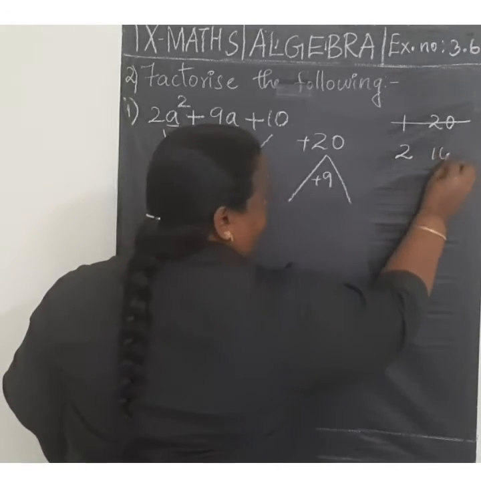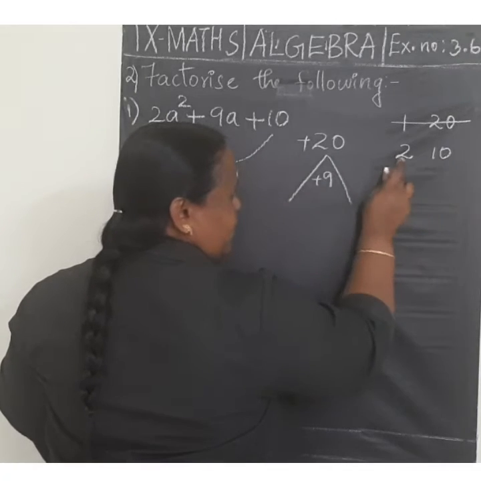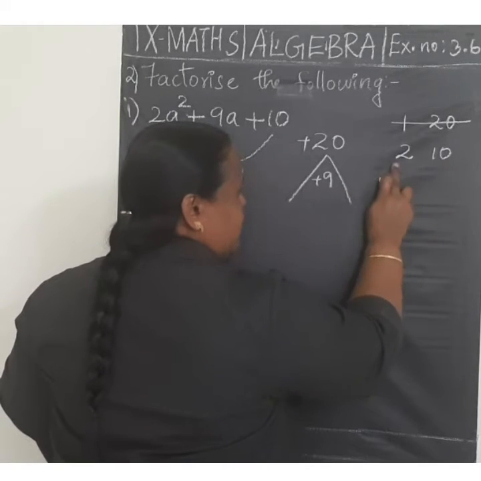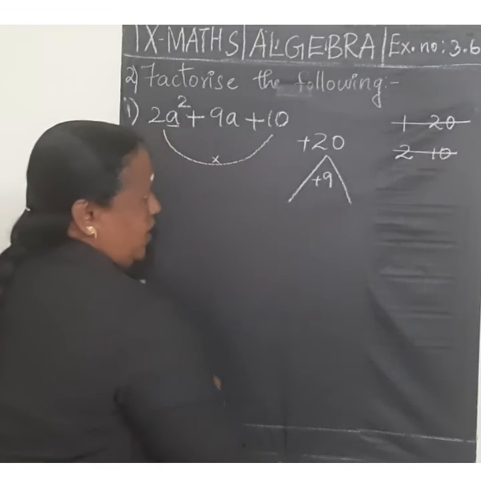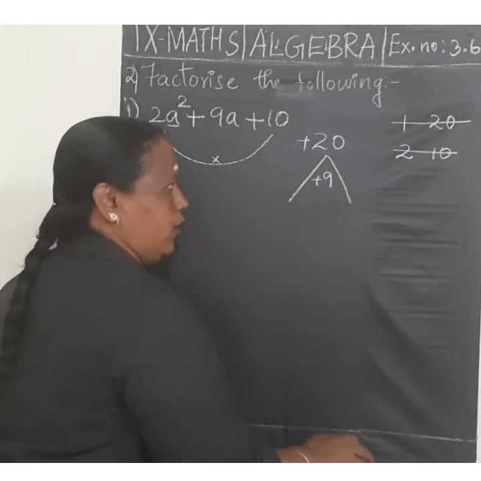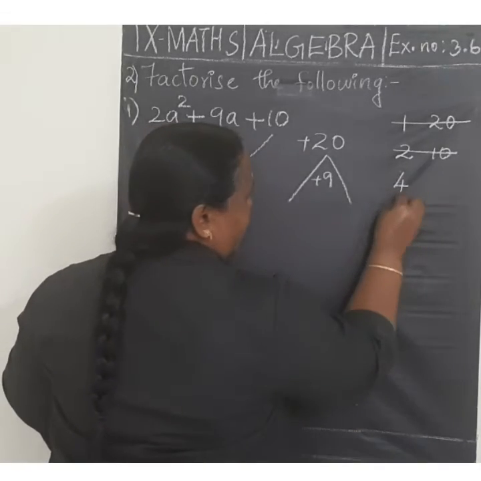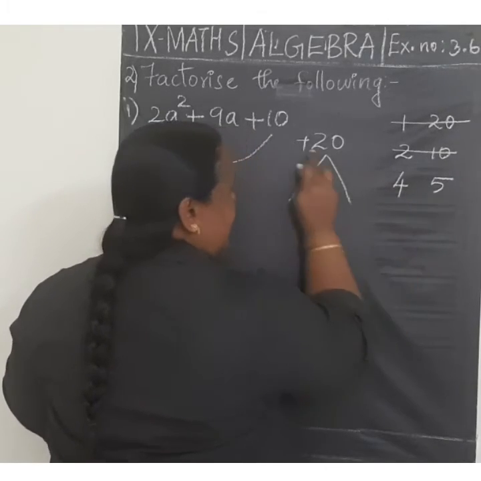In the second table, 10 times 2 is 20. 2 into 10 is 20. If we add 10 plus 2, it is 12. 10 minus 2 is 8. We are not getting 9. So we can't take 2 and 10 also. Next, 20 is not in the third table. Next we will go for the fourth table. In the fourth table, 5 times 4 is 20. 4 5s are 20.